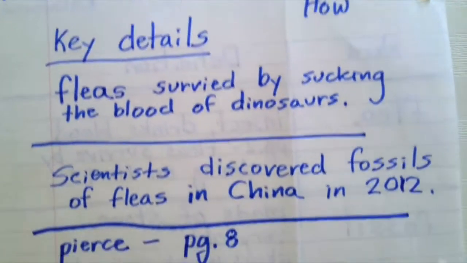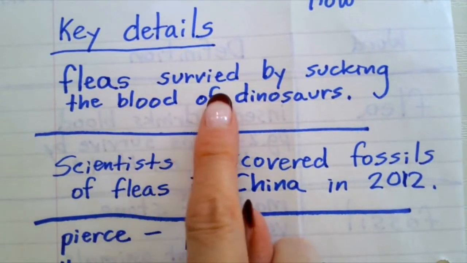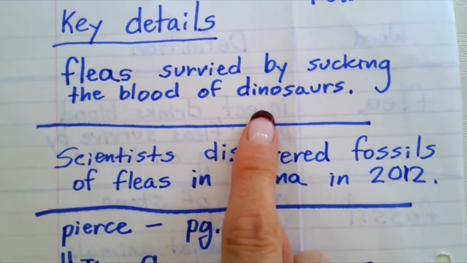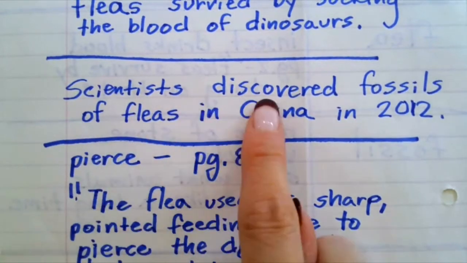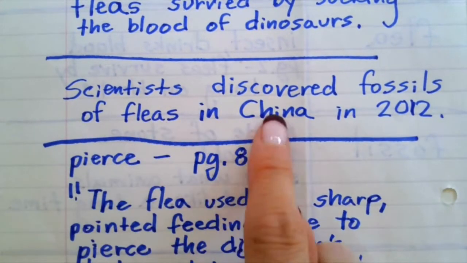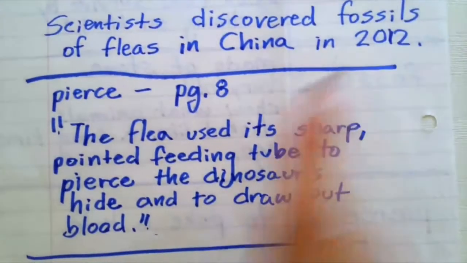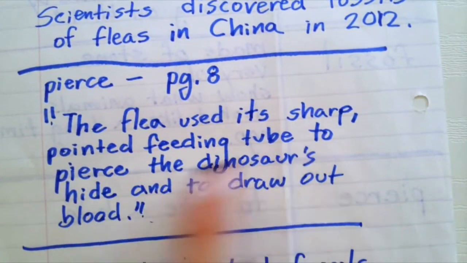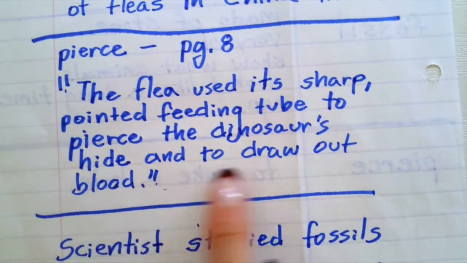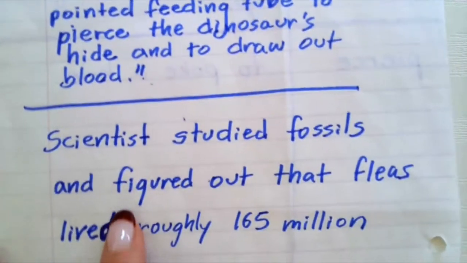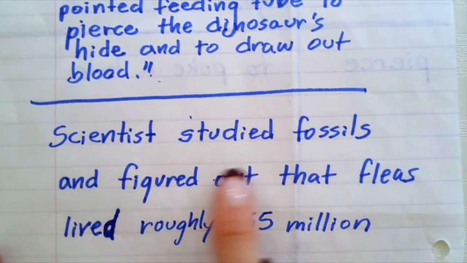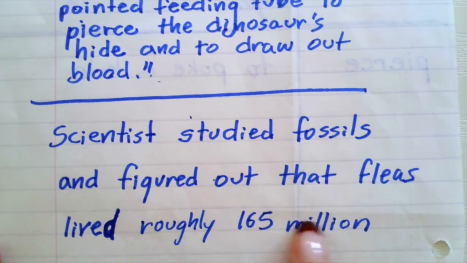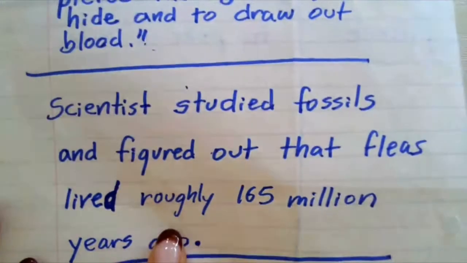Important details we gathered. Fleas survived by sucking the blood of dinosaurs. Scientists discovered fossils of fleas in China in 2012. The flea used its sharp pointed feeding tube to pierce the dinosaur's hide and to draw out blood. And that scientists studied fossils and figured out that fleas lived roughly 165 million years ago.